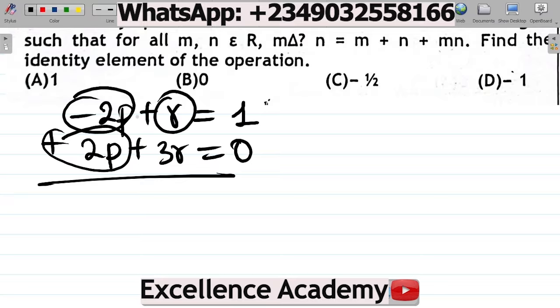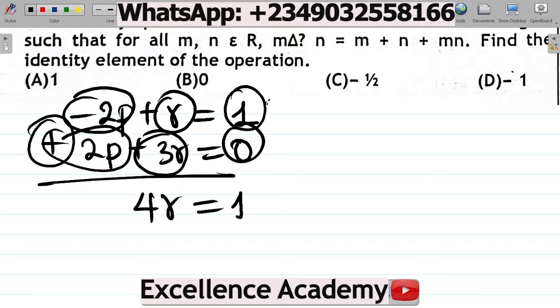You're left with r plus 3r, that gives you 4r is equal to 1 plus 0, that gives you 1.